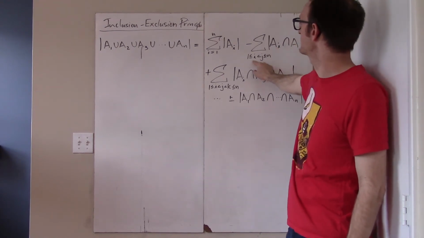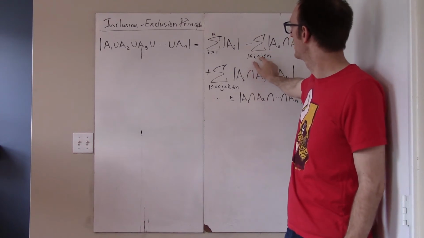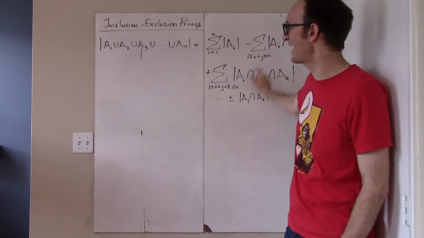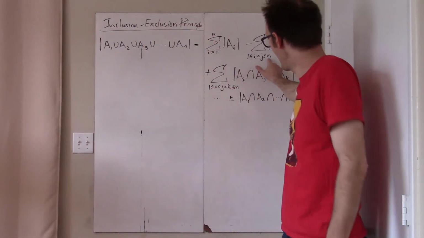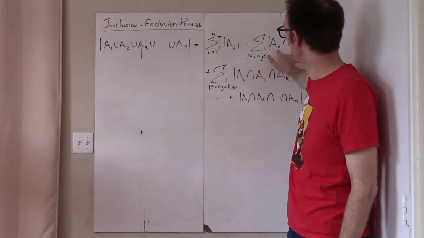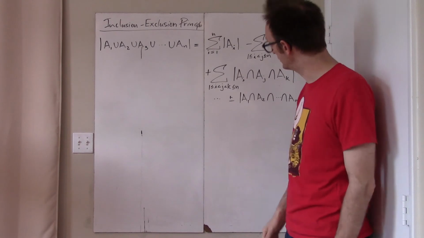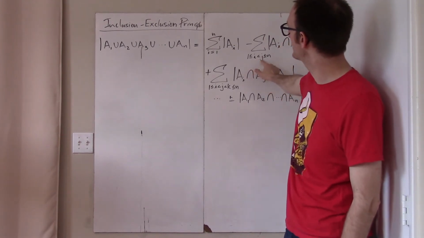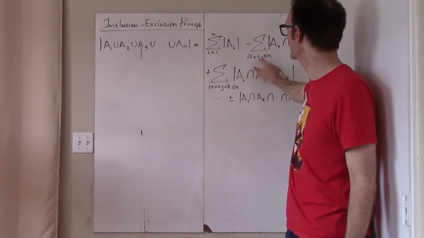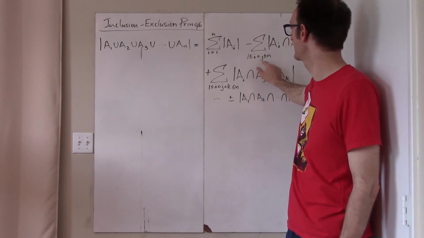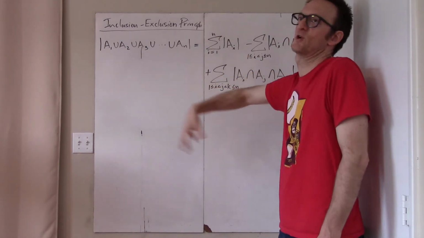So you take this notation saying, let i and j be numbers between 1 and n, and so take the intersection of Ai and Aj for all possible combinations i and j. Now, by insisting that j be greater than i, this is just a very technical thing, that's a way of ensuring that we are only taking the intersection of like A2 and A3, not also A3 and A2.